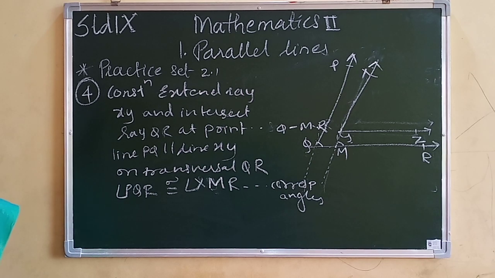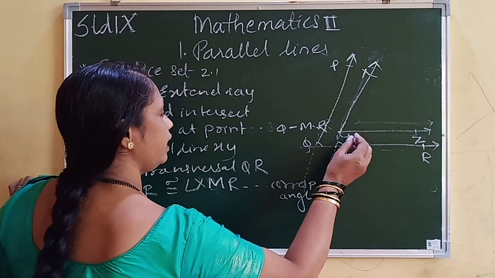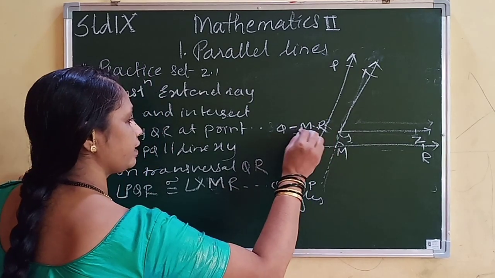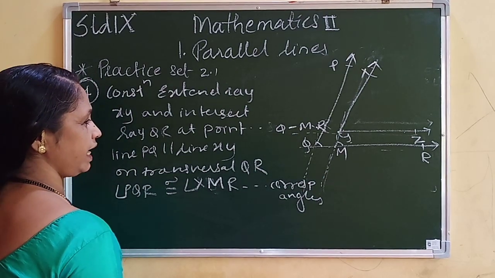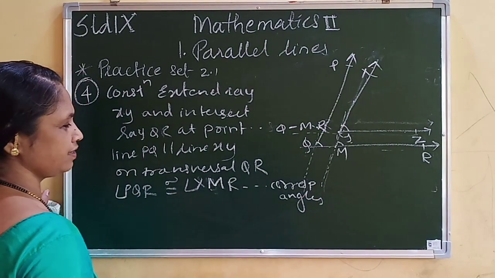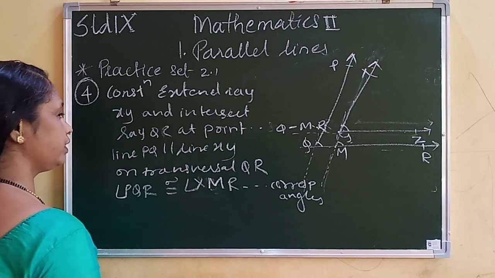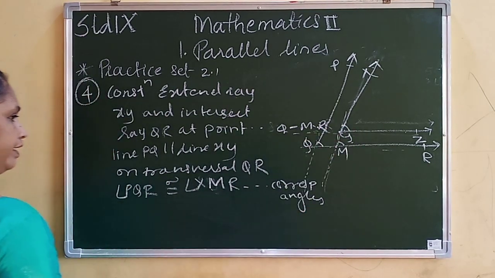Okay, now consider line YZ parallel to line QR on transversal XM. QR and YZ are parallel, and this is the transversal. So these angles will be corresponding angles and they are congruent.